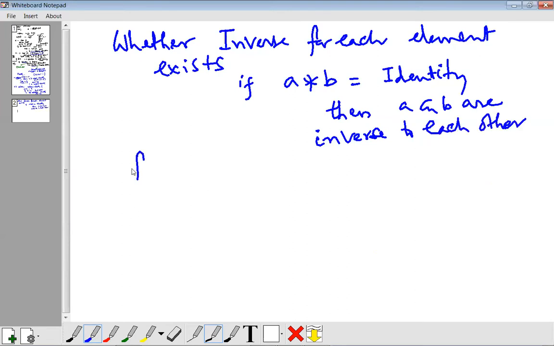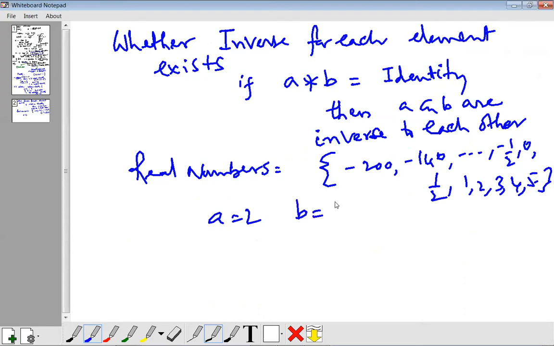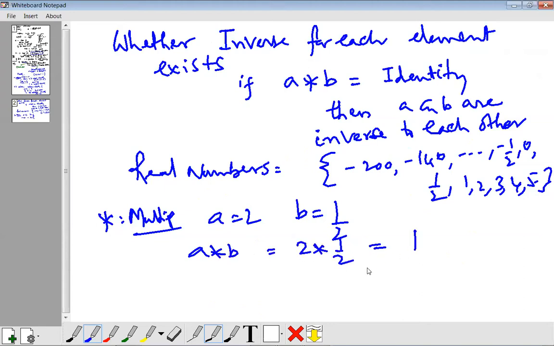Let us take real numbers, for example. That means you can have everything: minus 200, minus 140, whatever, you can have minus half, 0, half, 1, 2, 3, 4, like that. Now I pick up two numbers. Let's say A is equal to 2, B is equal to 1 by 2. And I say this operation is multiplication. Then I have A star B, 2 star half, which gives 1.